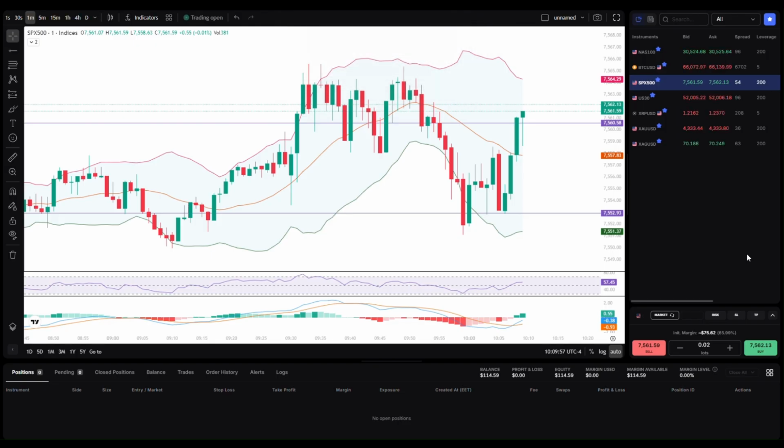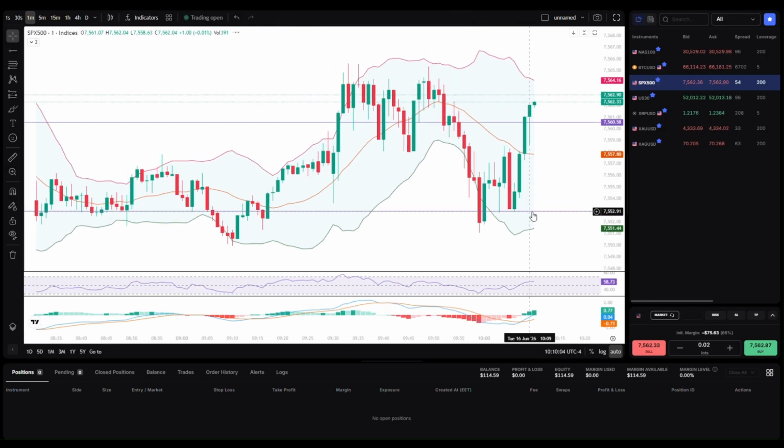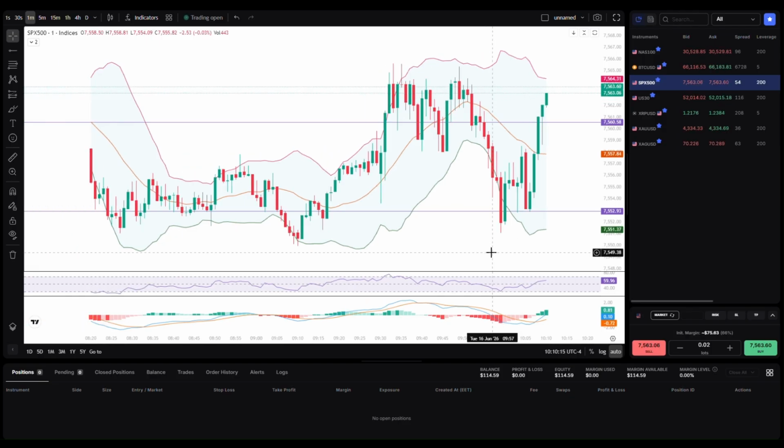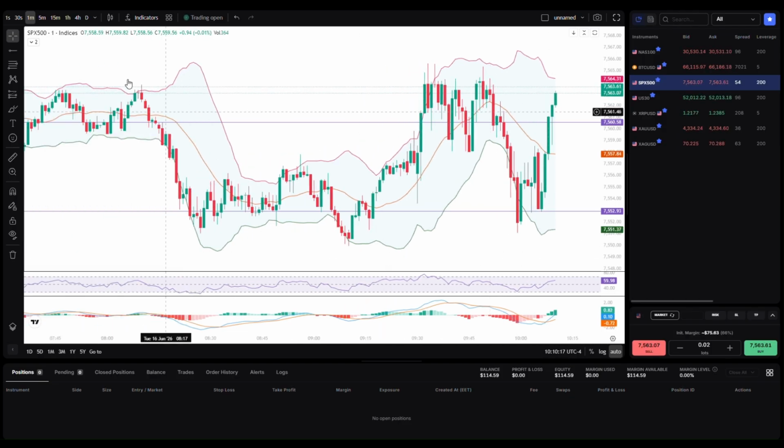Okay. So that was a decent trade. From all the way up here, we could have taken full profits down here. We did move our take profits a little lower, but that's how trading goes.